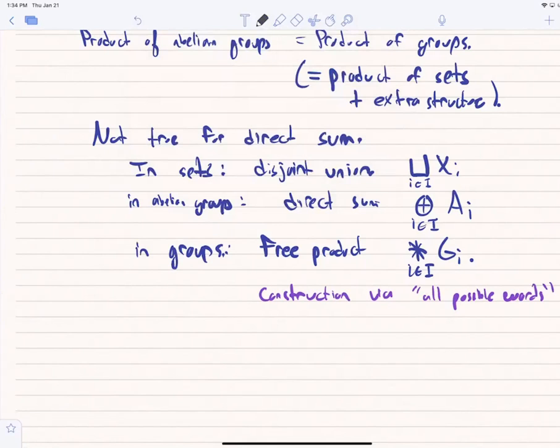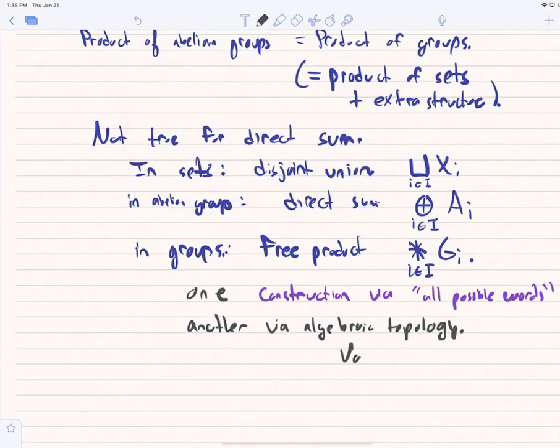Let me say, another way and a better way is via algebraic topology. You can use the Van Kampen theorem.